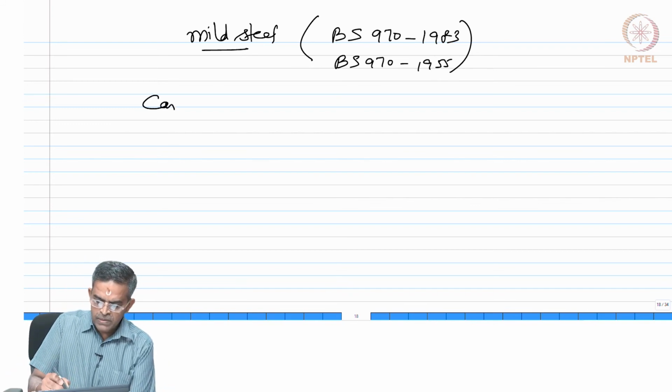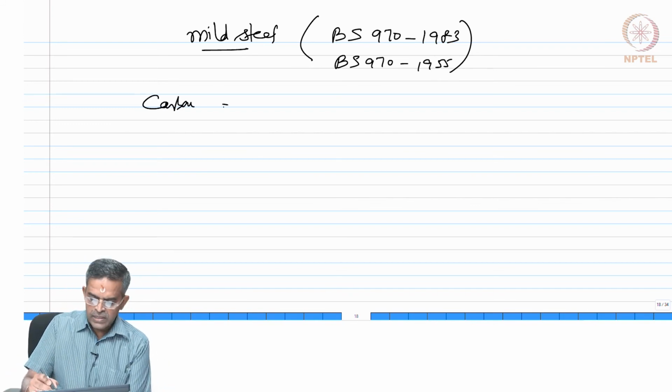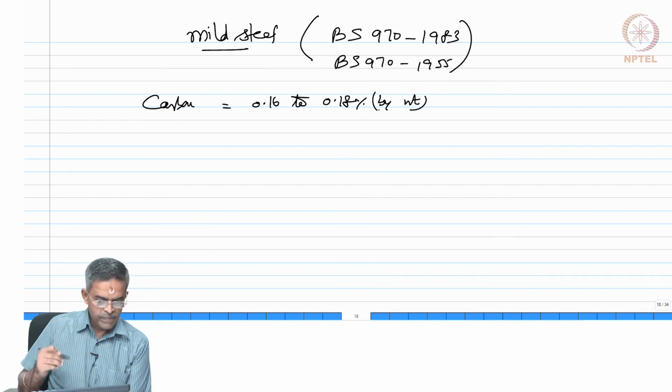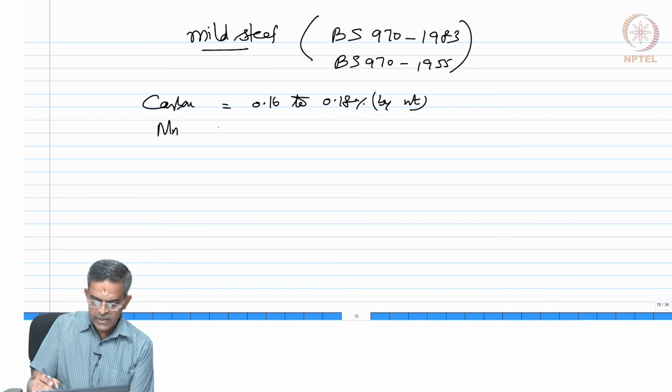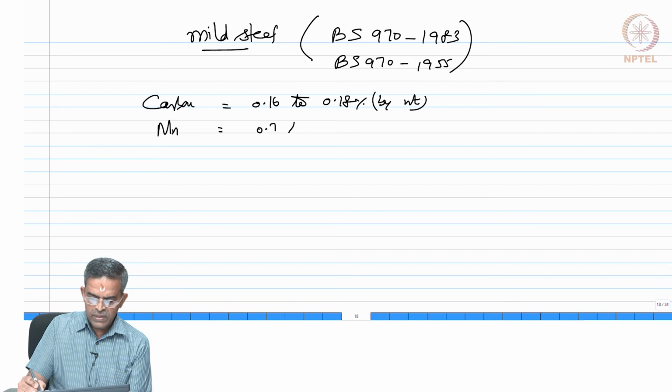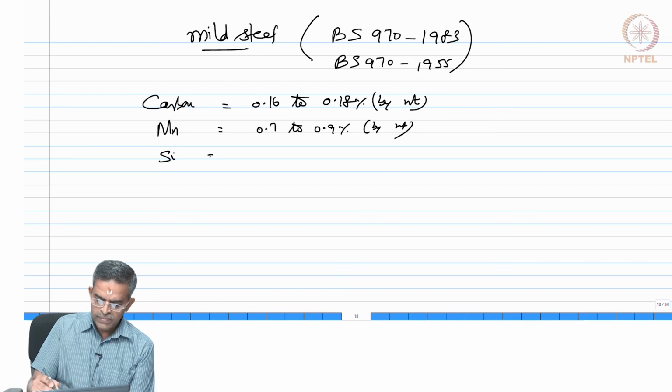So, this has the following composition. It has carbon as 0.16 to 0.18% by weight. It has manganese 0.7 to 0.9% by weight. It has silicon 0.4% by weight.